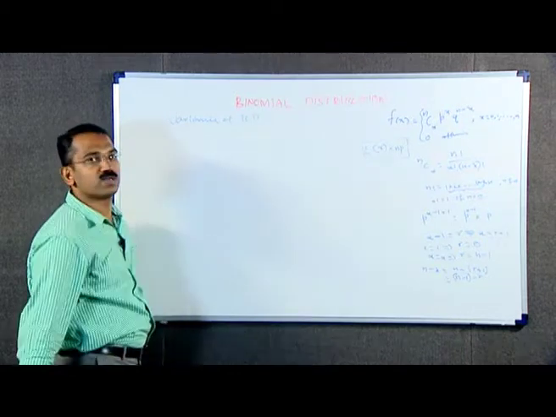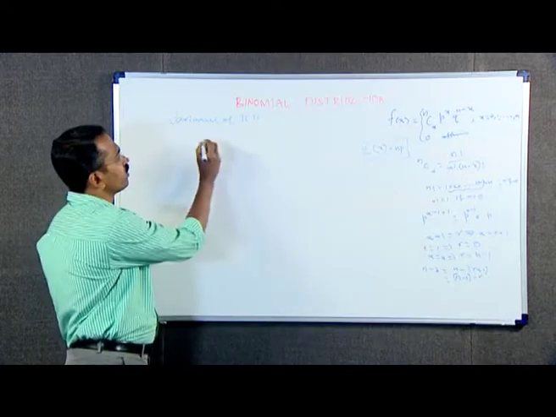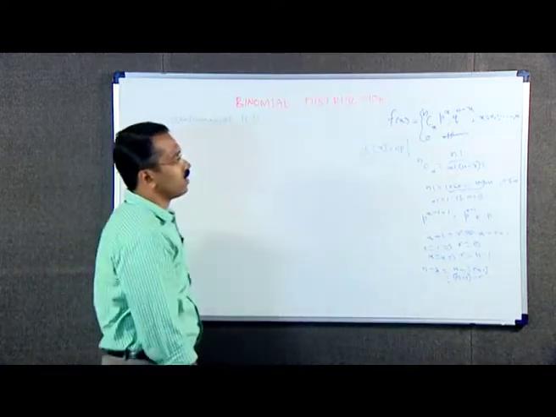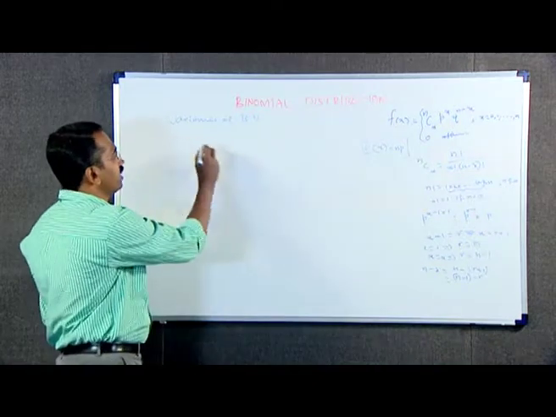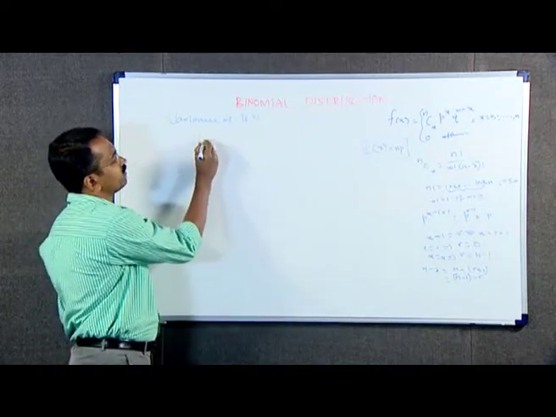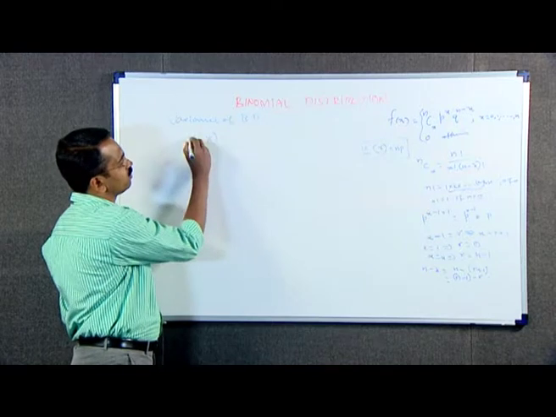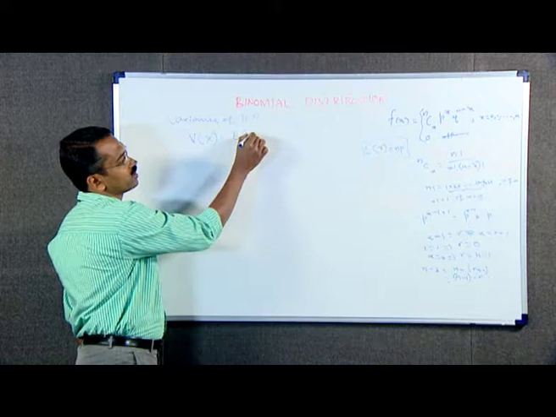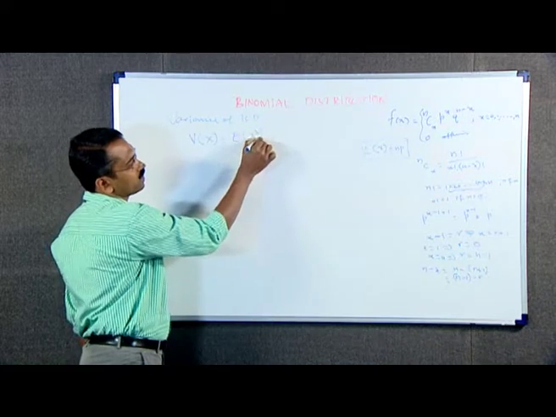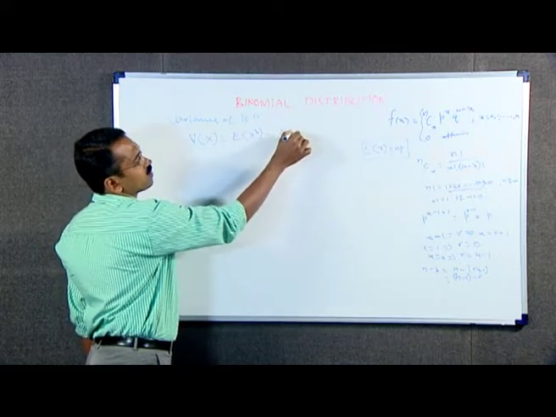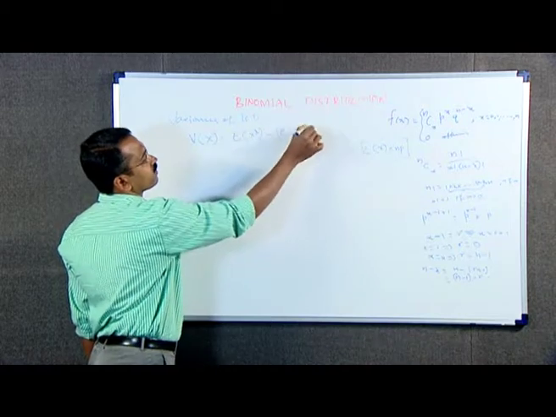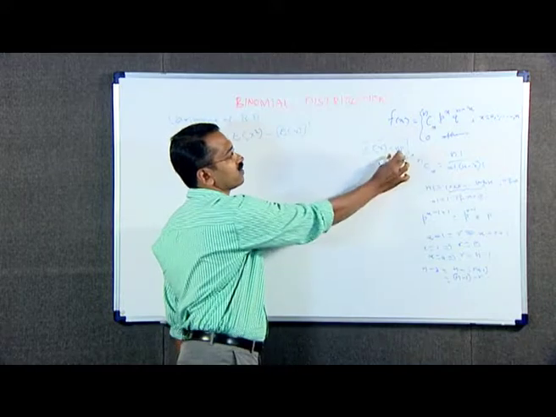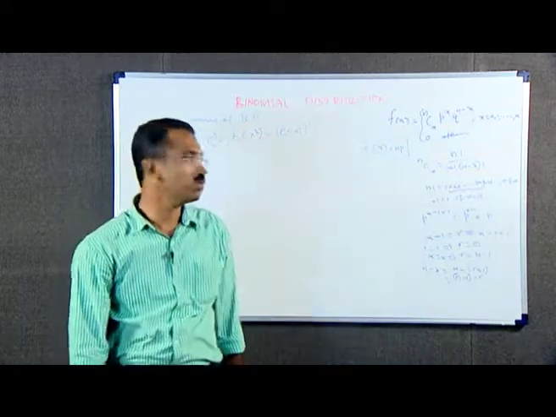Let x follow binomial distribution with parameters n and p. Then f of x equal to this. And by definition of variance, we write V of x is equal to, in terms of expectation, E of x square minus expectation of x the whole square. Here expectation of x is n into p, we just proved.